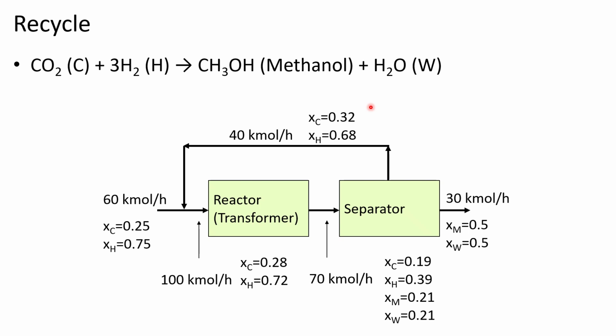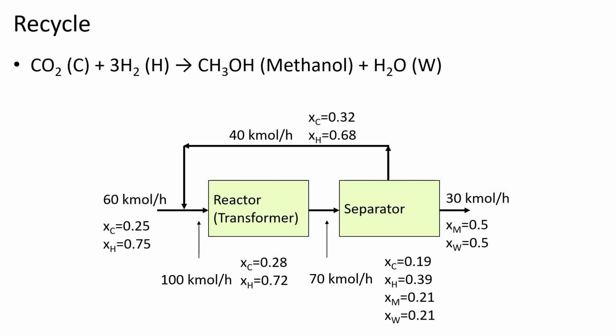And the recycle stream contains more carbon dioxide on a mole fraction basis than the feed. The mixture of these two streams that goes into the reactor flows in at 100 kmol per hour and contains a little bit more carbon dioxide than the fresh feed, the 60 kmol per hour stream. After the reactor, we now have present in the stream methanol and water, both present at about 21%.